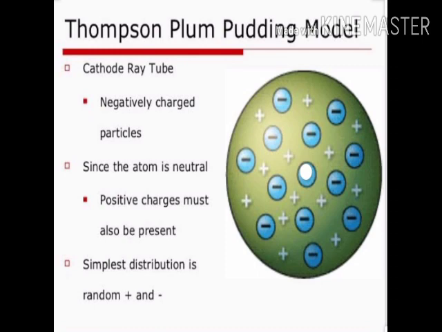So the simplest distribution shown in this model was random positive and negative charges distributed throughout the atom. So this was Thomson's plum pudding model.